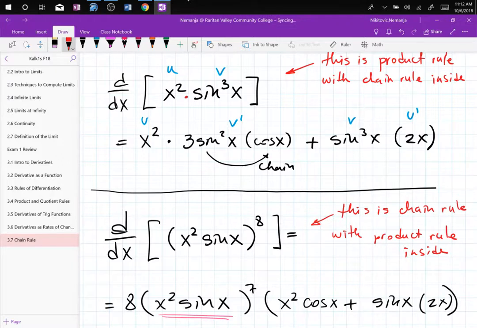One of the main things to learn from here is that when you look at any of the three formulas we covered, product, chain, quotient, they always have a time when you take the derivative. And that could be whatever rule.